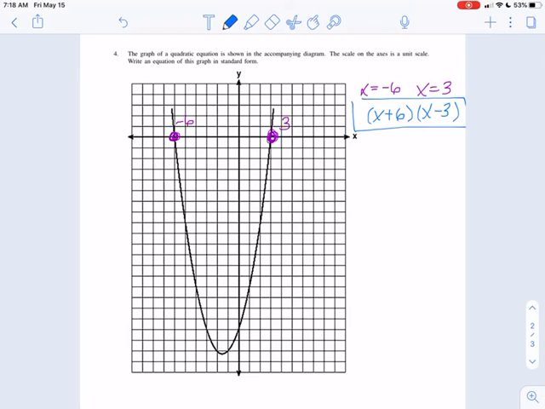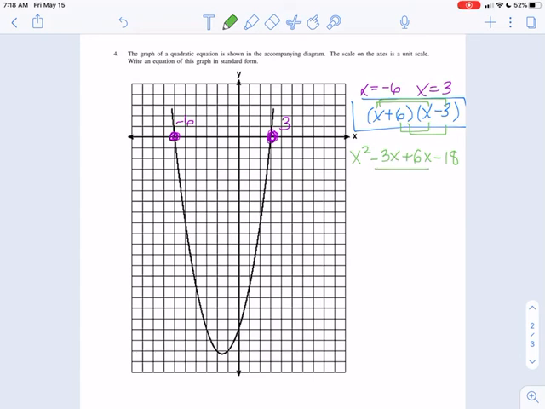They need to be multiplied so I can get back the quadratic equation. These are just the factors, so we're going to multiply. We're going backwards. So let's take x times x. We get x squared. X times -3, -3x. 6 times x, positive 6x. 6 times -3, -18.